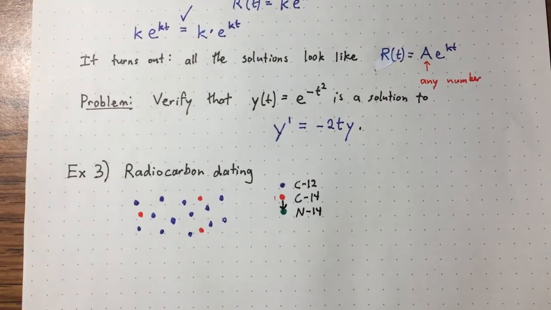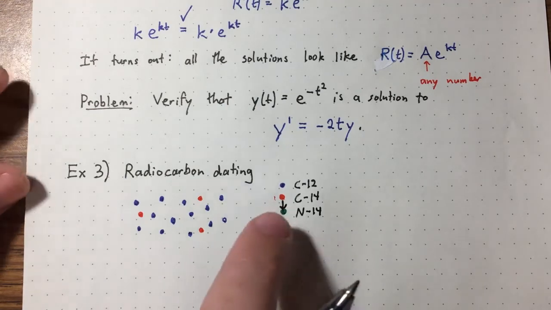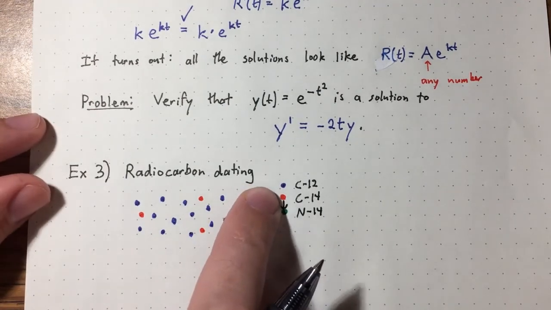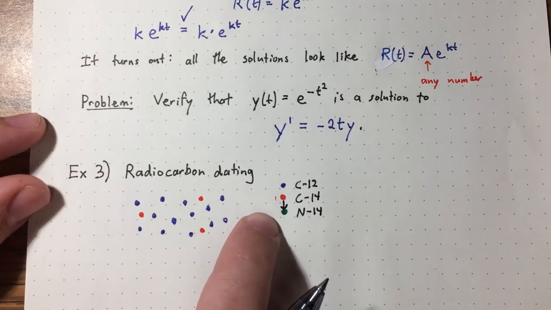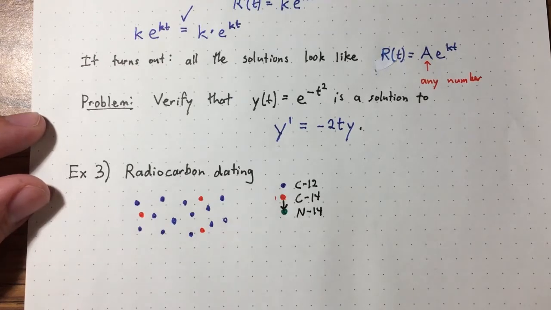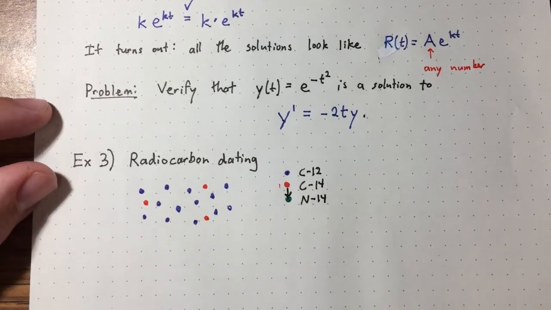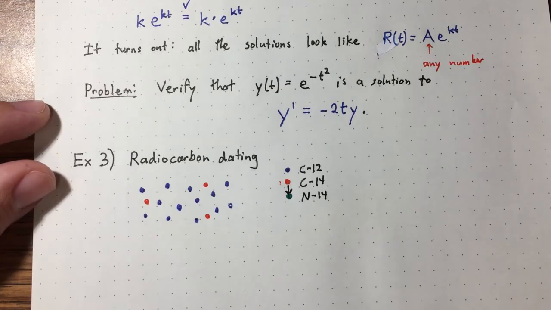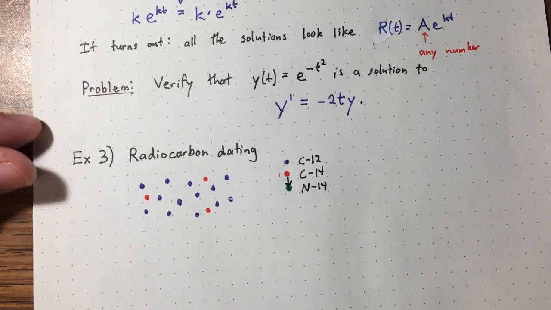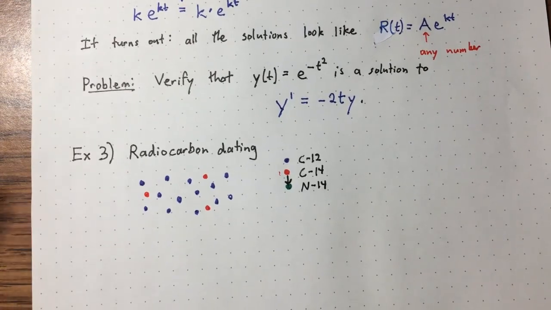And essentially, at any time, there's a fixed probability of any one carbon-14 atom decaying into nitrogen-14. So it's a probabilistic process. And if you think about it, if there's a lot of carbon-14, then there are more opportunities for one of these carbon-14 atoms to decay.